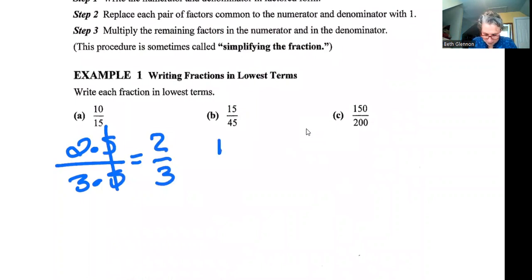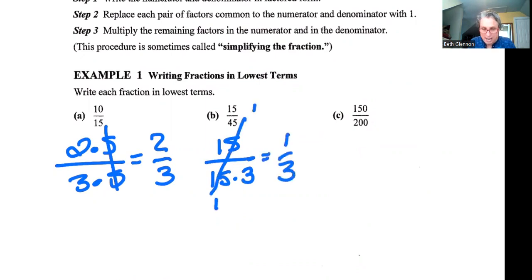15, obviously 45 is 3 times 15. You don't have to necessarily break it down to its prime factorization. If I know they're both divisible by 15, a 1 goes into each, I can just work with it there. And then of course, I have to do one with zeros in it.